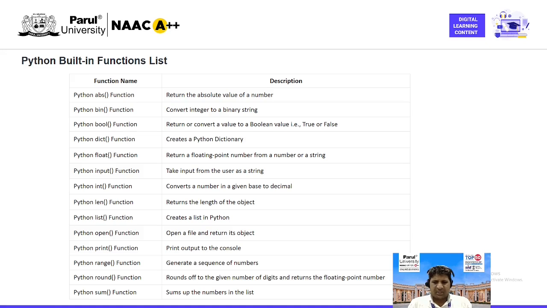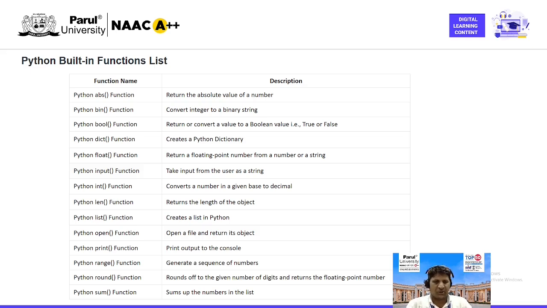Python round function is used to round up a floating point value to the next integer number. Suppose you want to round up the number 25.8, the rounded value is 26. And the next function is Python sum function, which sums up the numbers in a list.